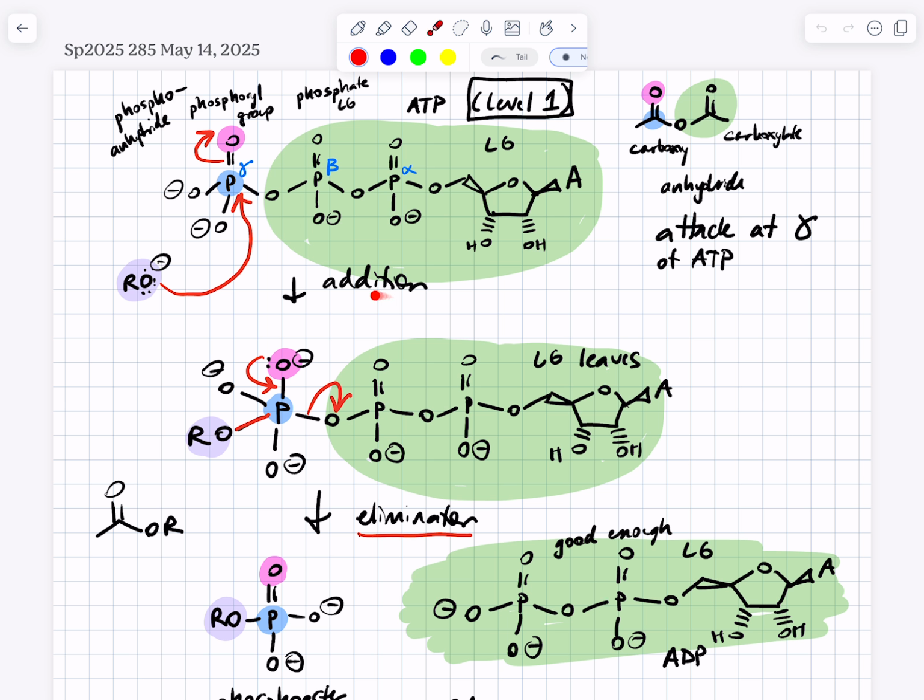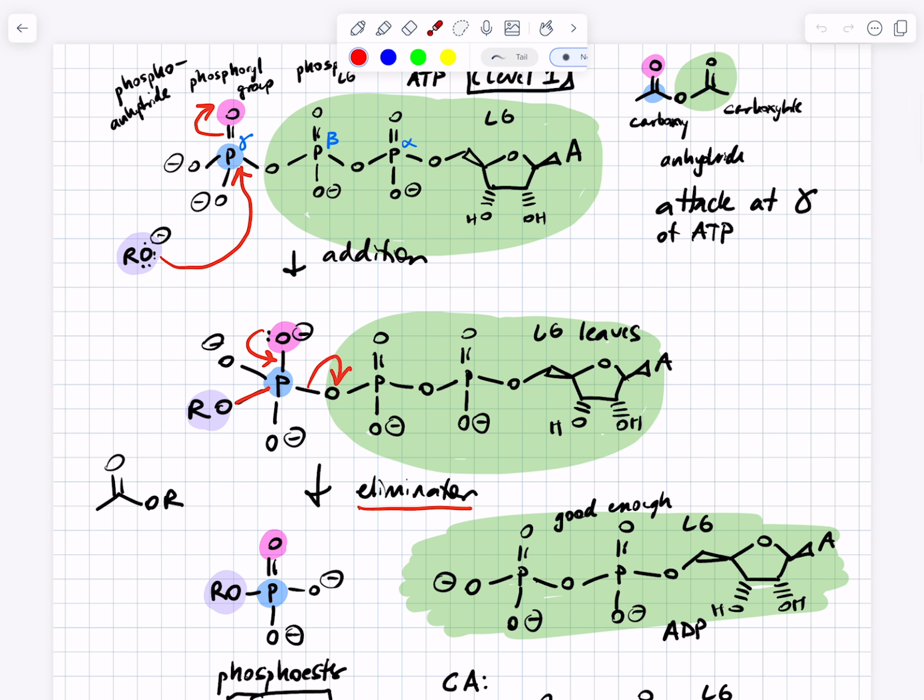One is called addition. That is, nucleophile attacks carbonyl or phosphoryl group to give an intermediate. And then the second step was elimination, where negatively charged oxygen kicks off a good leaving group. Those are two fundamental mechanistic steps that we will see again and again and again in a lot of different contexts.